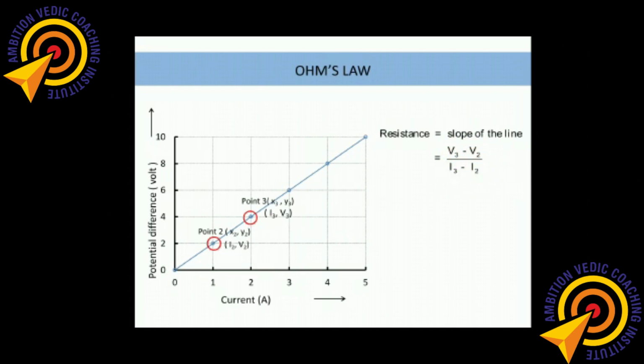So here V3 is 4 and V2 is 2, and I3 is 2 and I2 is 1. So the resistance of the wire is how much? 2 ohms.